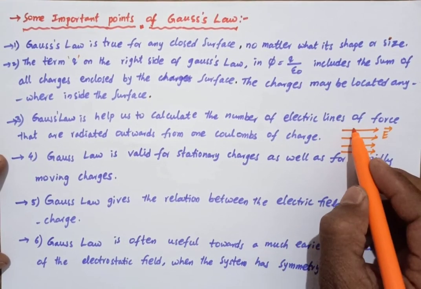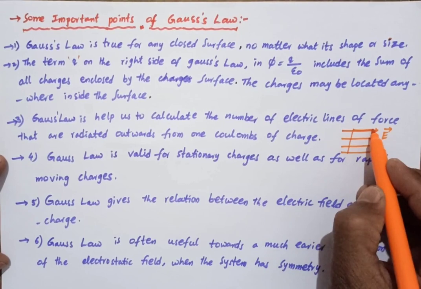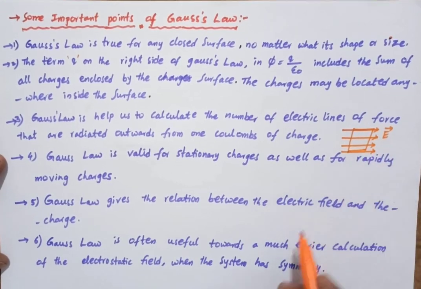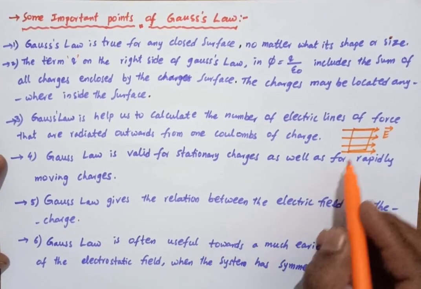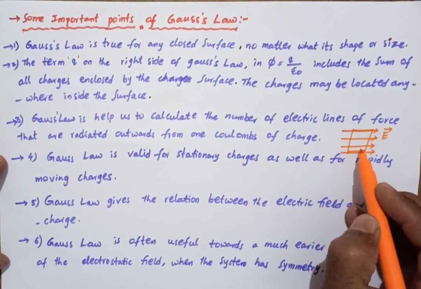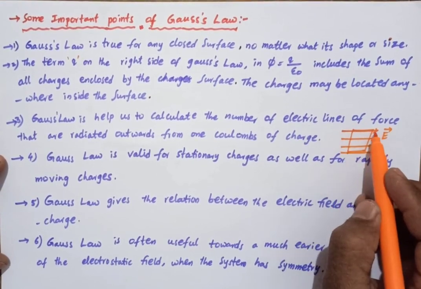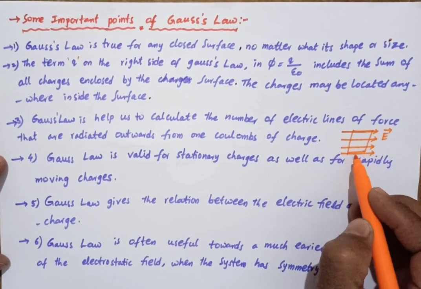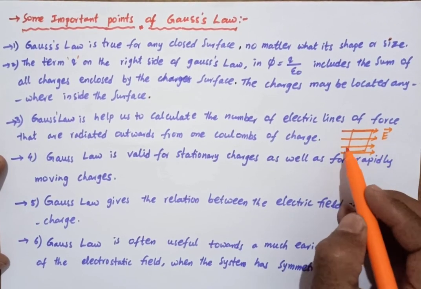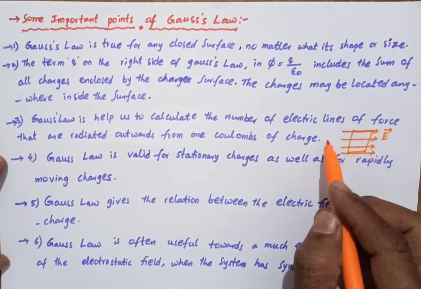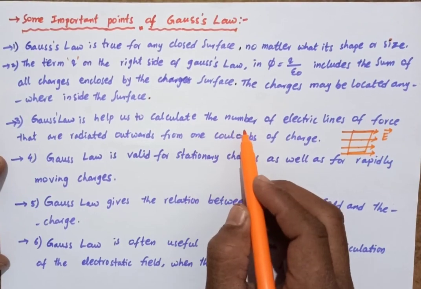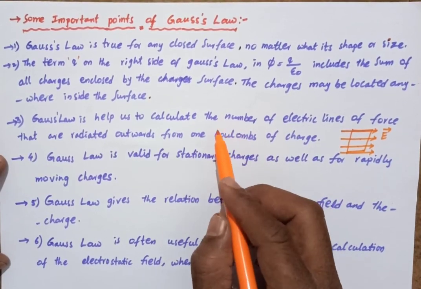We consider a rectangular shape. For this rectangular shape, how many electric lines are passed? 1, 2, 3, 4 through a certain area.